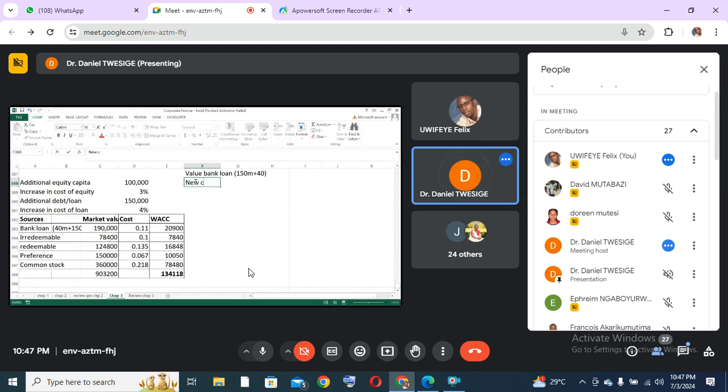New cost will be 0.07 plus 0.04, which is 0.11.